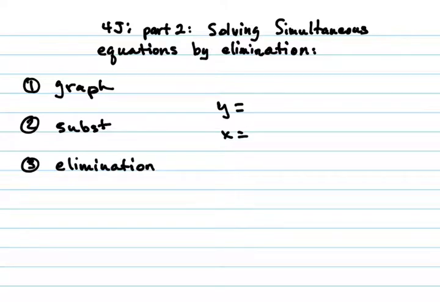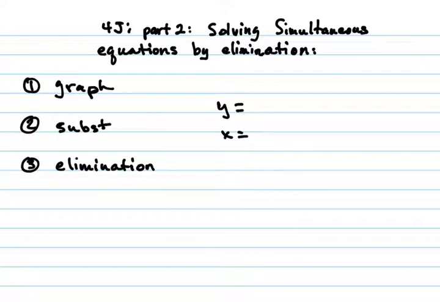Now, if you're going to eliminate something, that means you're going to do what with it? Get rid of it, right? So we're just going to get rid of it. And in mathematics, if we want to get rid of something, we do the opposite. So to get rid of a positive 2, I would minus 2 or subtract 2, right?